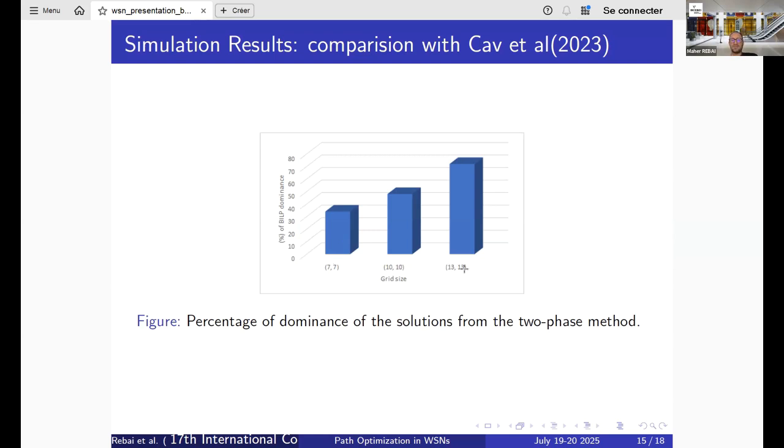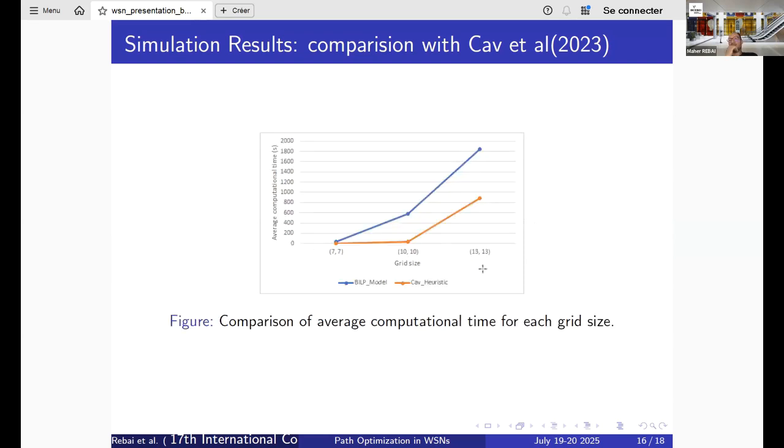This figure represents the percentage of dominance of our proposed approach. From this figure, we can observe that our approach dominates the literature approach in terms of solution quality, and the gap increases when the grid size increases.